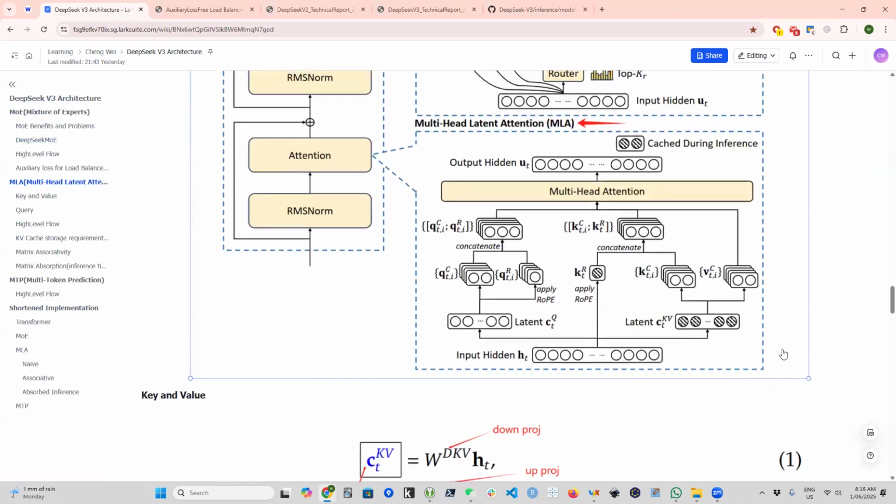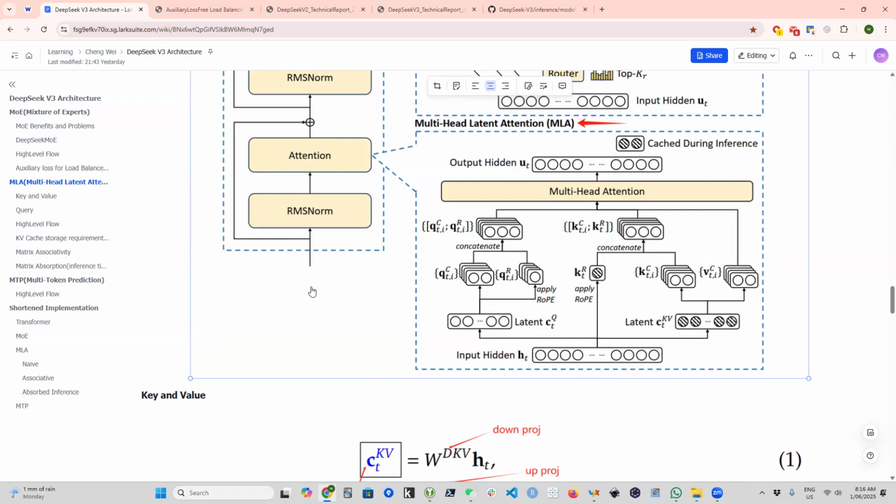Here we had the input hidden layer, where this input hidden layer would be the hidden input from the RMS norm, I believe. The normal hidden input, like we have going through each layer, all from the embedding.